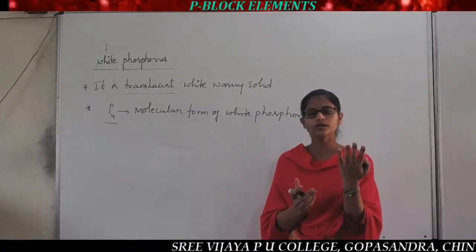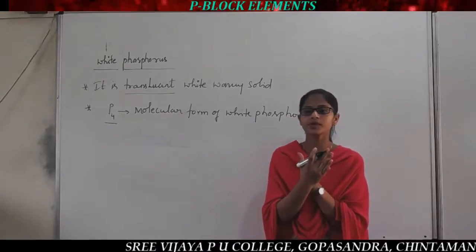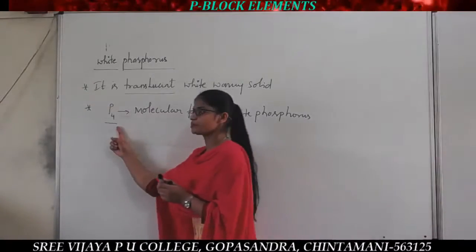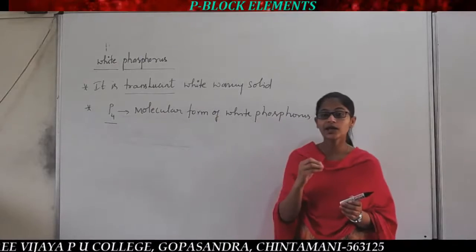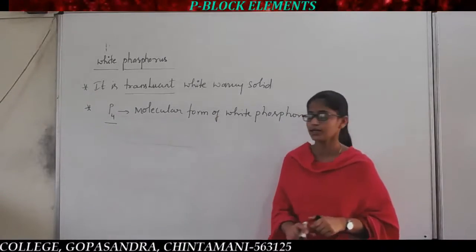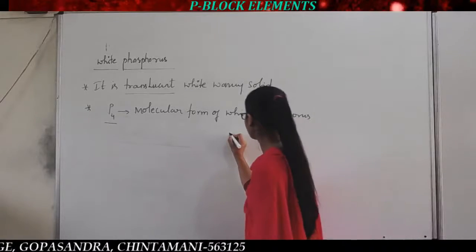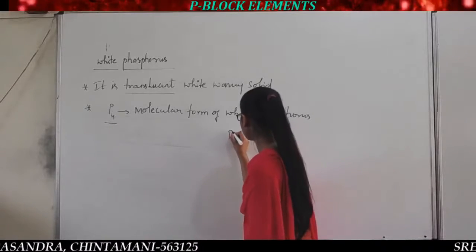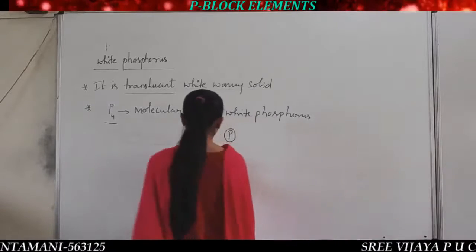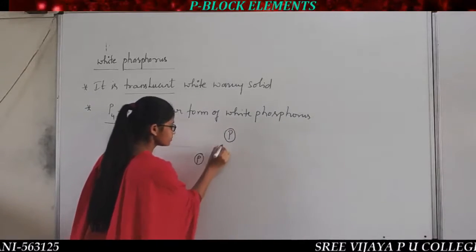How are the four atoms of phosphorus arranged? Each atom of phosphorus occupies a corner of a regular tetrahedral structure. So we have to see the tetrahedral structure in this fashion. This is one phosphorus atom, and another phosphorus atom.